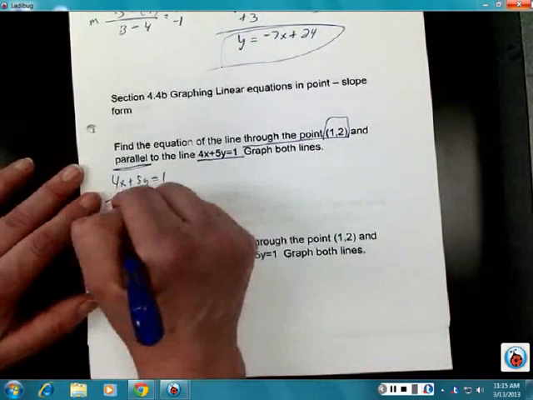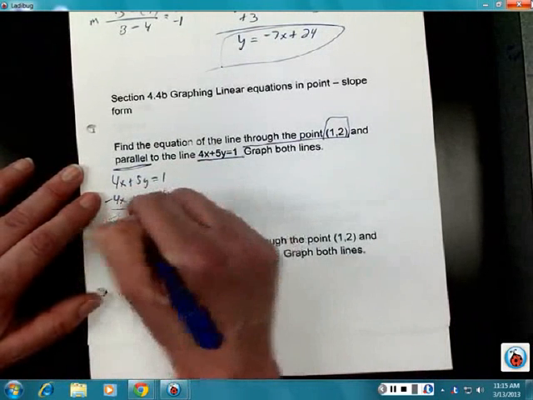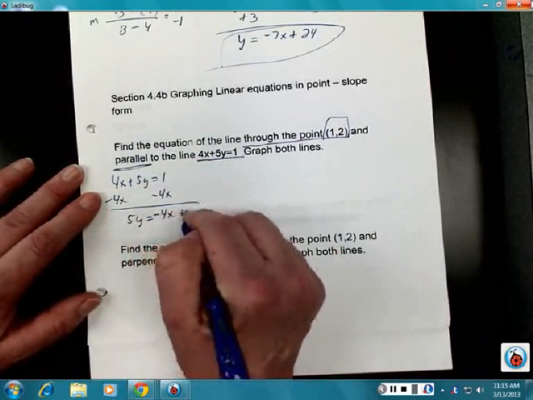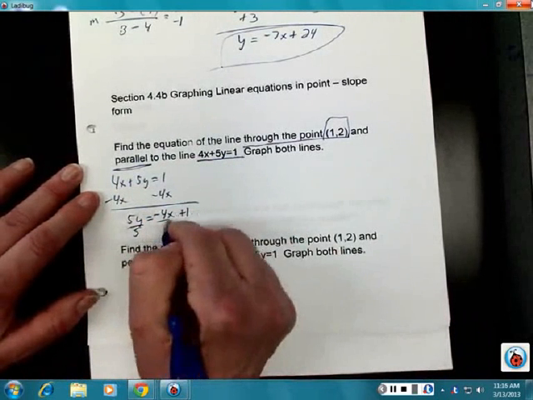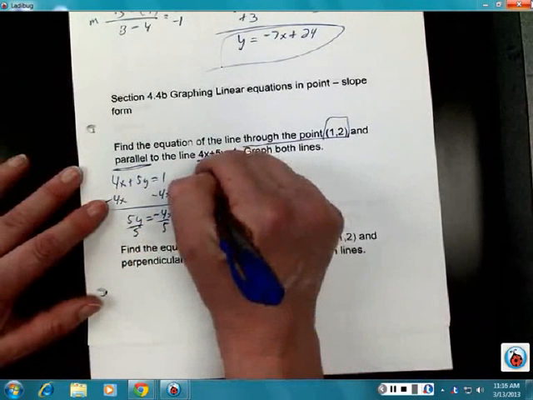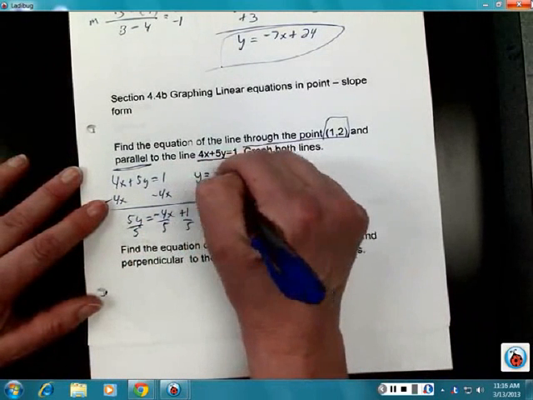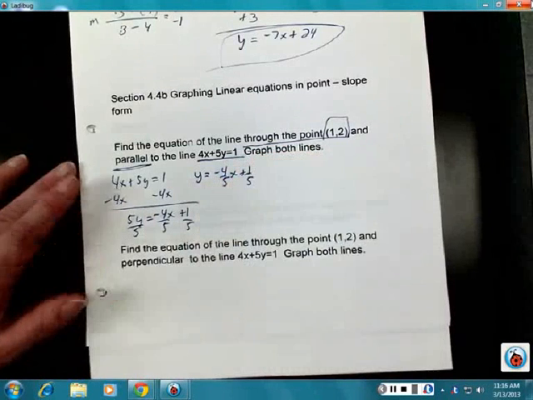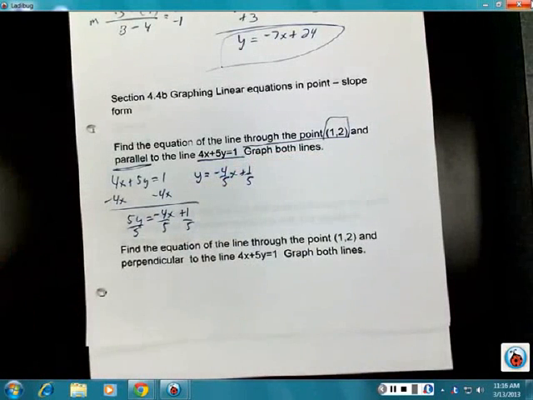I have minus 4x, negative 4x plus 1. Divide everybody by 5. So this equation is y equals negative 4/5 x plus 1/5. Okay, so far? So your slope is negative 4/5.